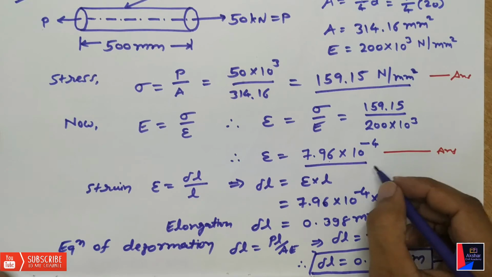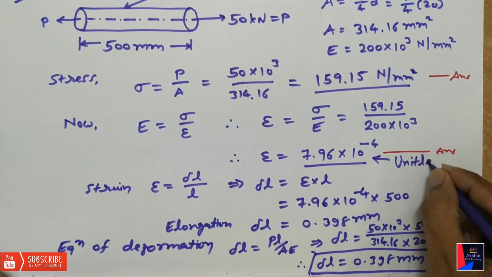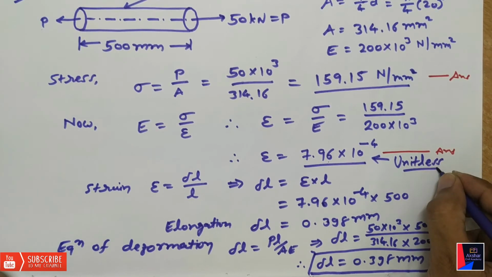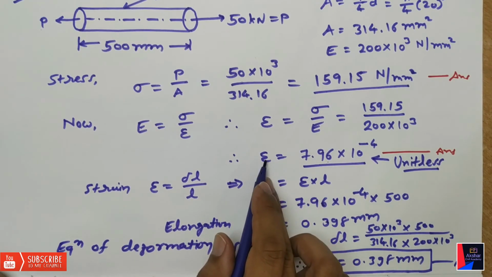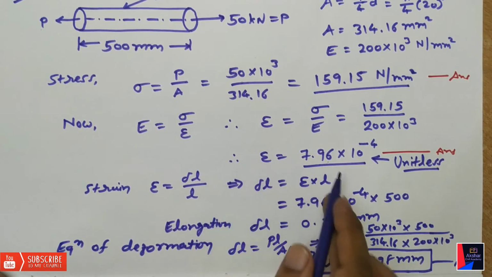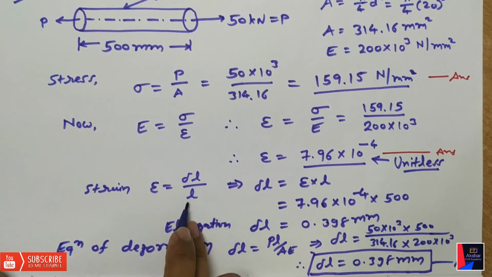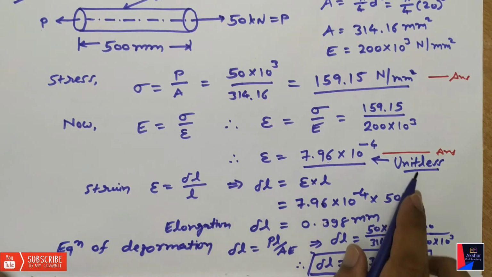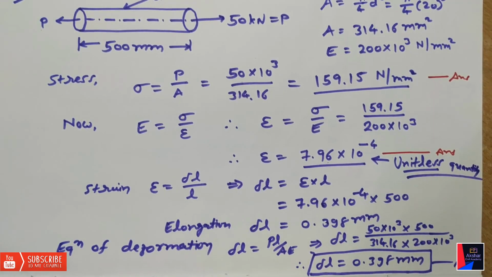The unit of strain: it is a unitless quantity, so there is no unit, because strain is equal to change in length divided by original length. The meter will be cancelled. That's why it is a unitless quantity. Okay, thanks.